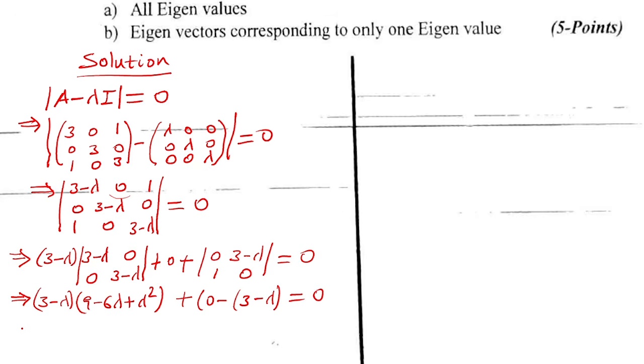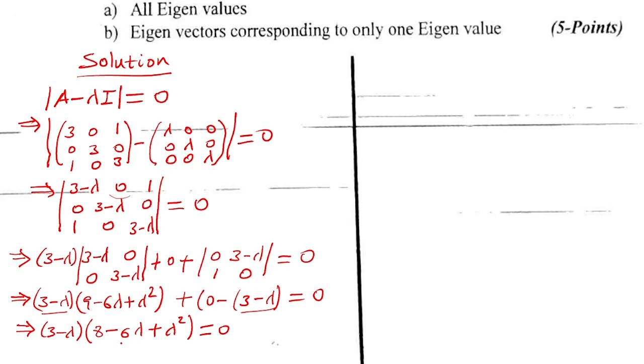Now look, 3 minus lambda is common. So take 3 minus lambda as a common factor. Then 9 minus 1, 8 minus 6 lambda plus lambda squared is equal to 0.